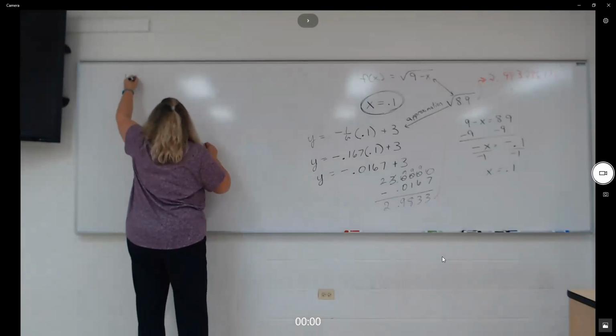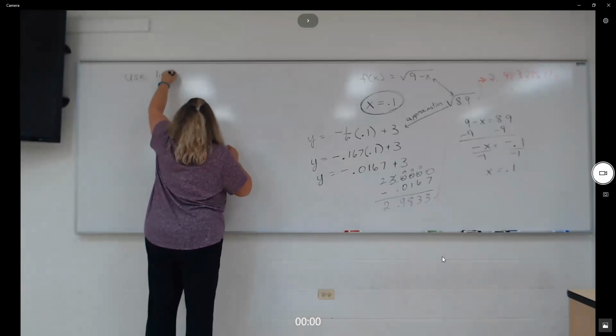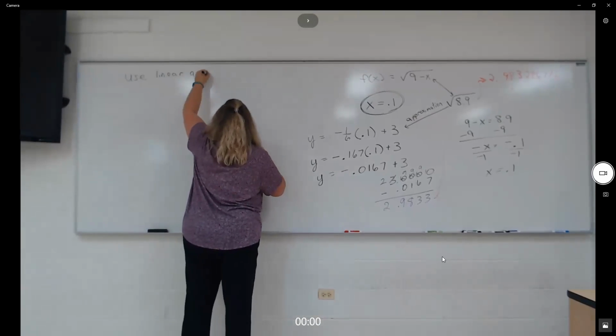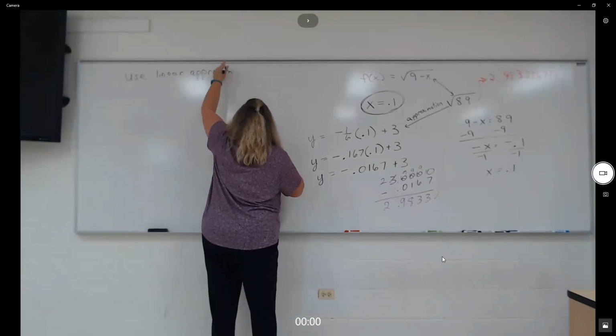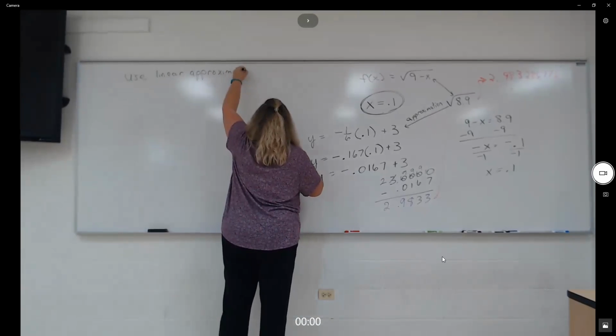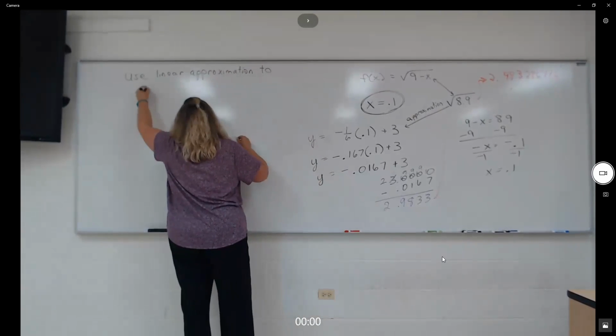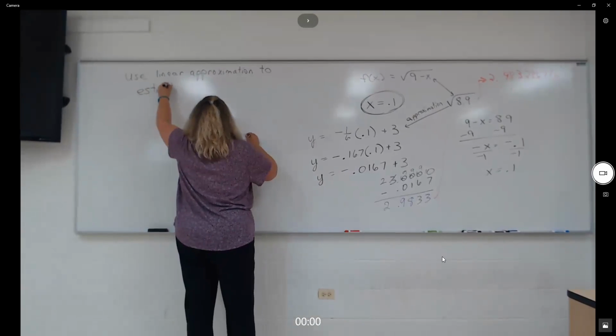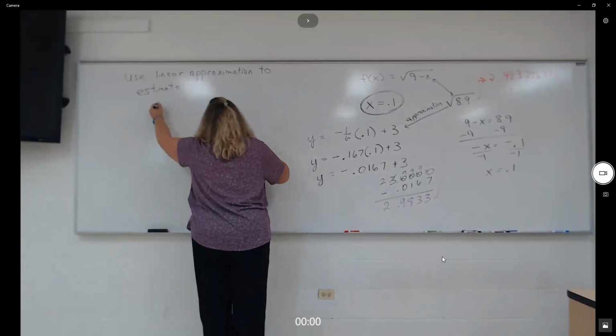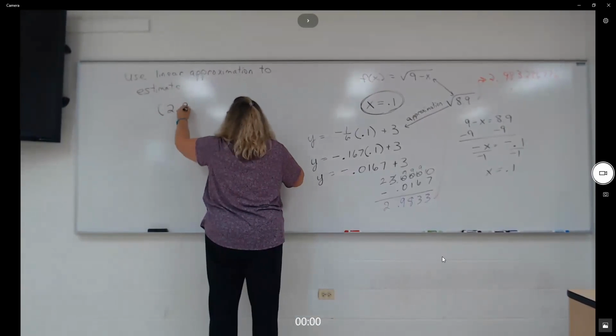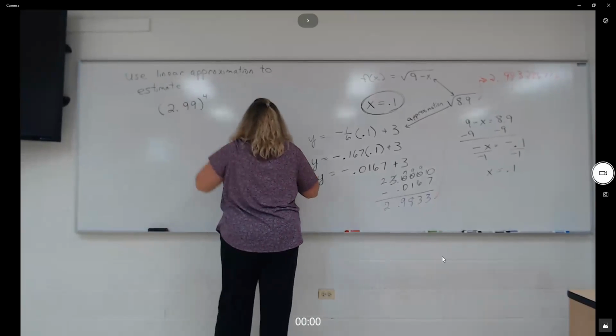All right, use linear approximation to estimate 2.99 to the 4th power.